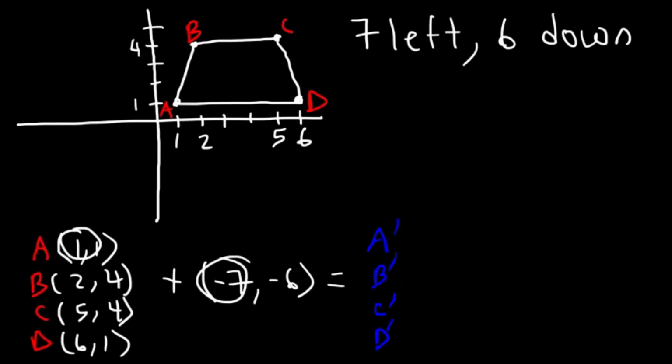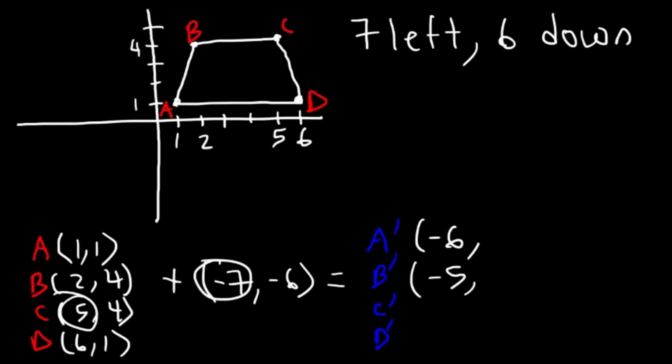One plus -7 is -6. 2 plus -7 is -5. 5 plus -7 is -2. And 6 plus -7 is -1.